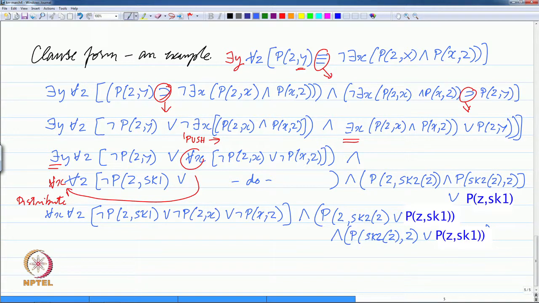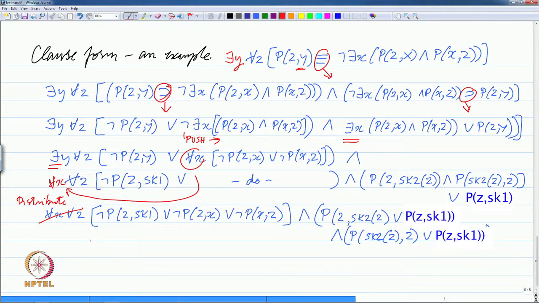Now, we can throw away the quantifier symbols and we can rename the variables in each of those 3 clauses. So, which is the variable that is common, which is z. So, let us say that this is clause 1 and clause 2 and clause 3. So, we can rewrite the 3 clauses as a set.